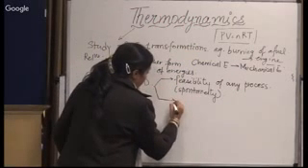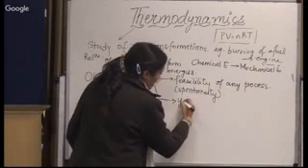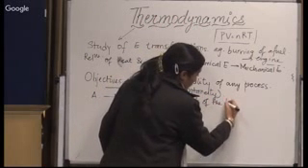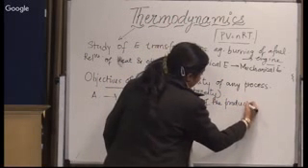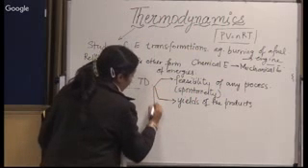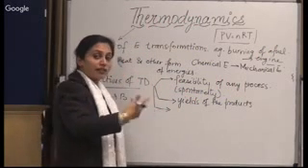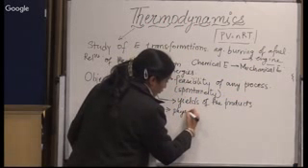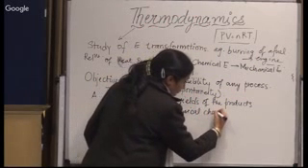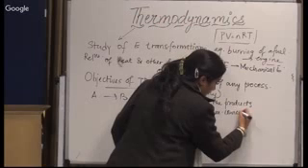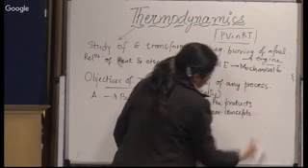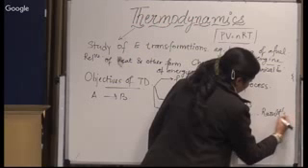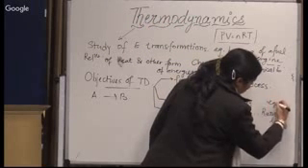Then the next thing is that we can also find out the yield of the products. And then, of course, using the study of thermodynamics, I can arrive at many more relations, many more physical chemistry concepts, like for example your Raoult's law, etc. They all can be related to your thermodynamics.